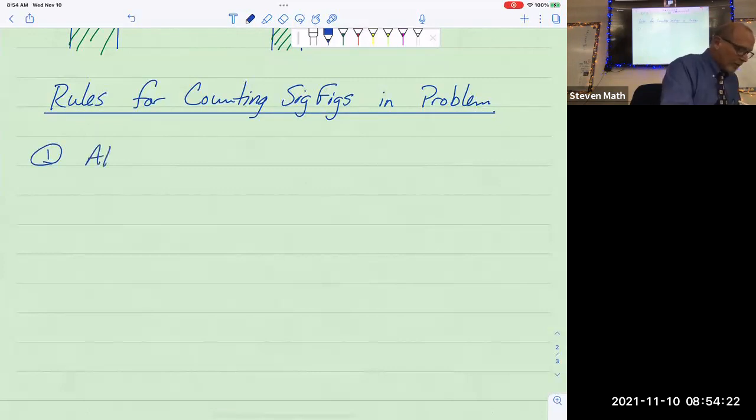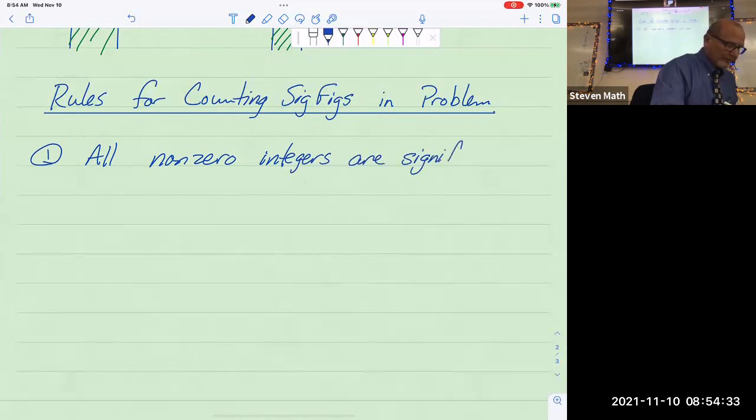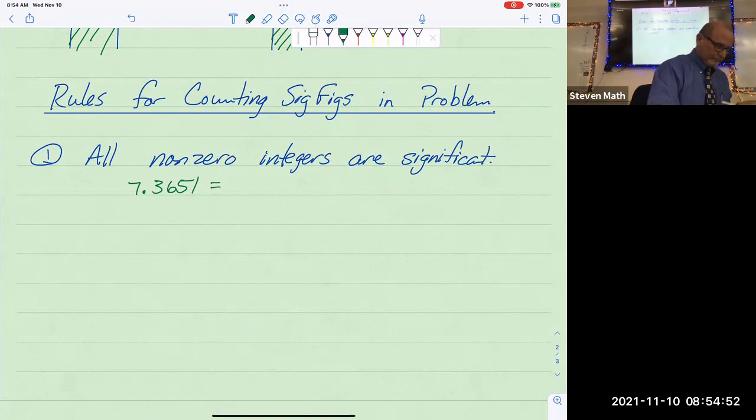Rule number one: all non-zero integers are significant. So 7.3651 has 5 sig figs.